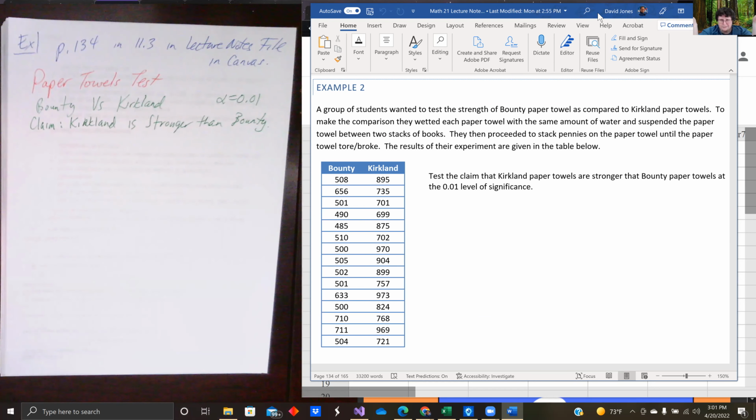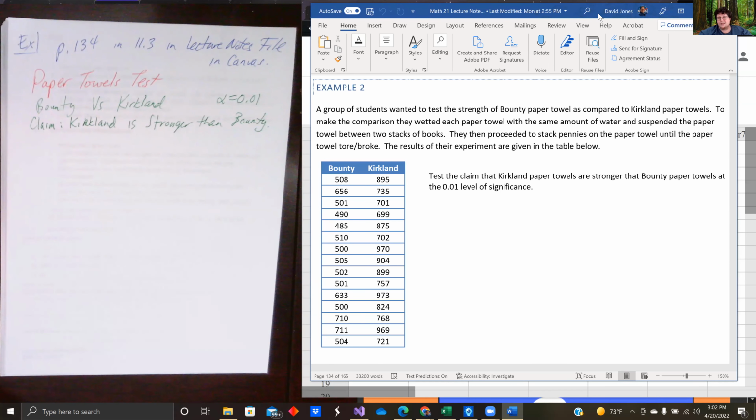So the number of pennies doesn't really directly compute unless we think about, well, pennies have got weight to them. And 1 penny doesn't weigh a lot, but 500 pennies weighs a lot. It's kind of heavy. So if it's a strong paper towel, it can hold up the weight. And if it's not a strong paper towel, the weight will break.